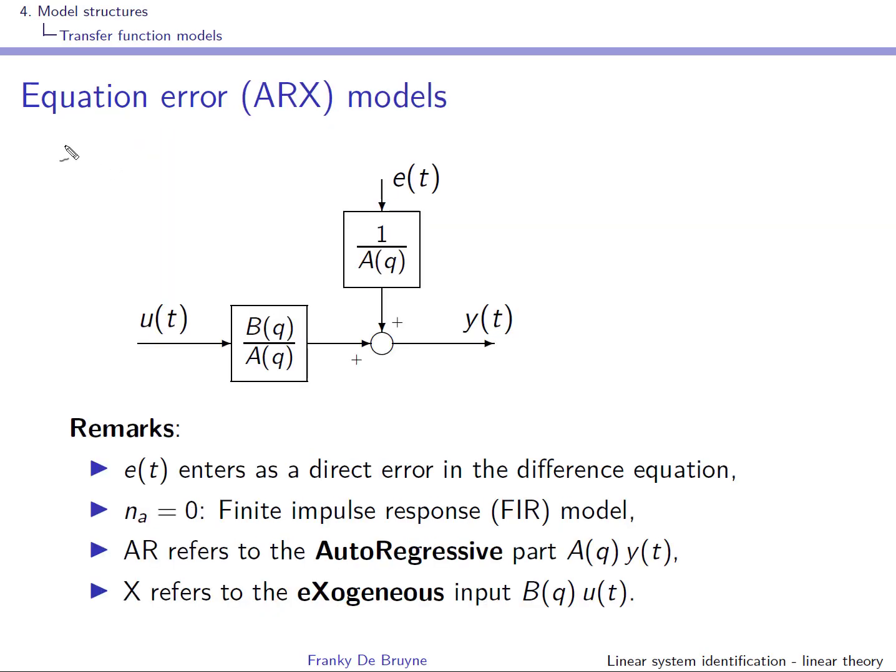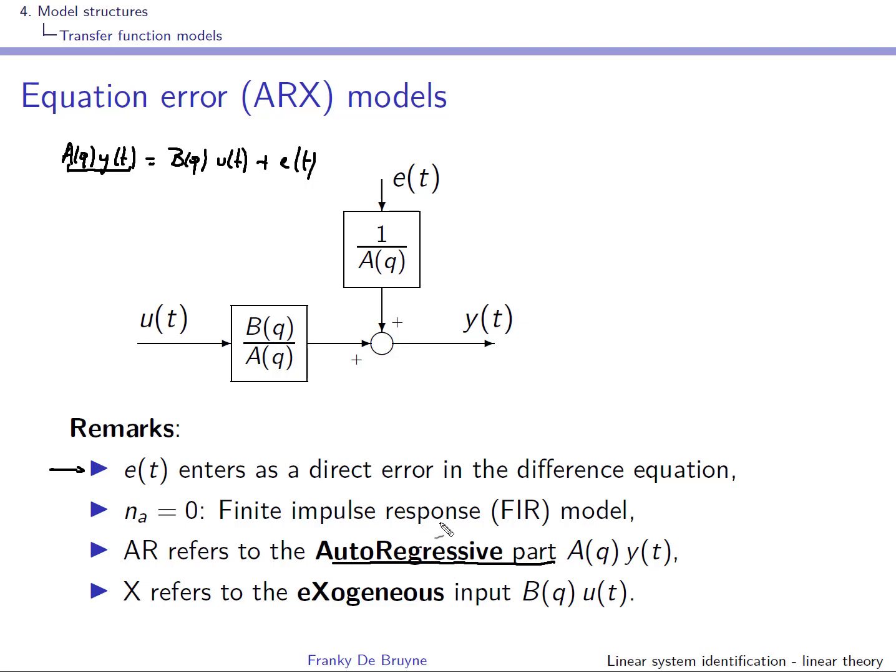ARX models or equation error models obey the equation A(q) y(t) is equal to B(q) u(t) plus e(t). So e(t) enters as a direct error in the difference equation. Indeed, e(t) is the difference between what we call the autoregressive part.